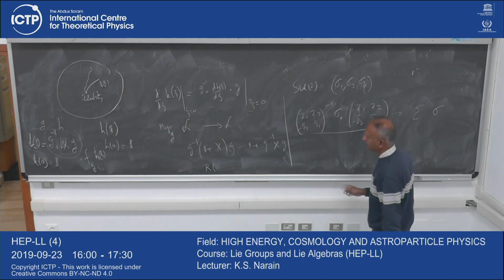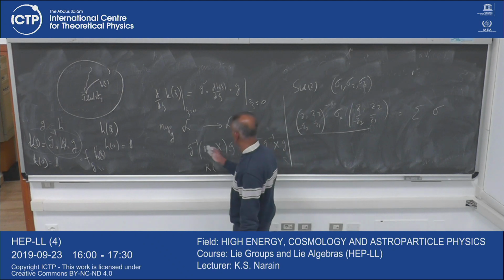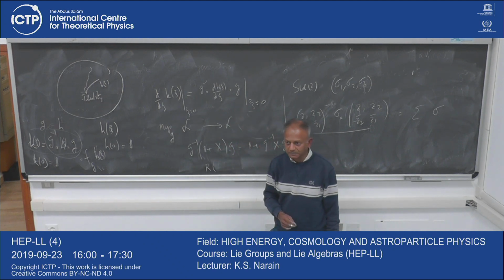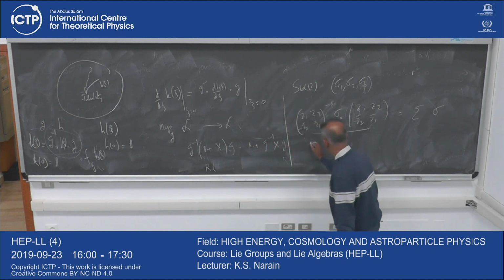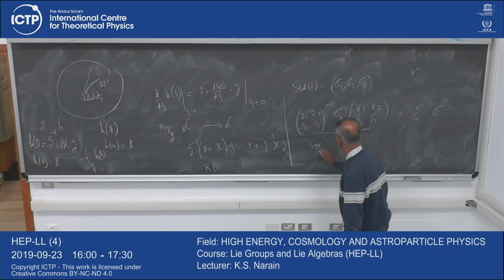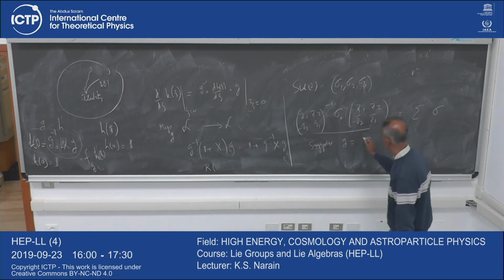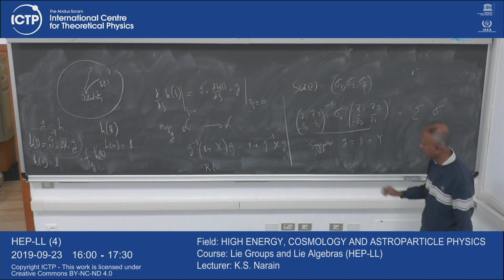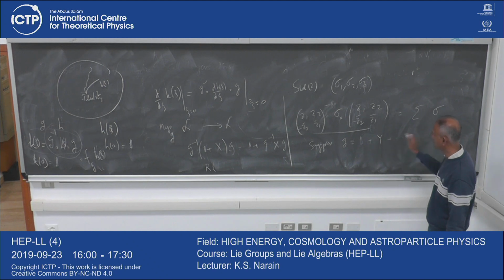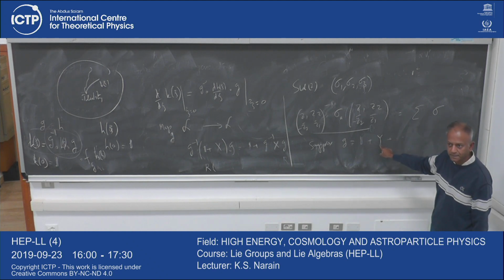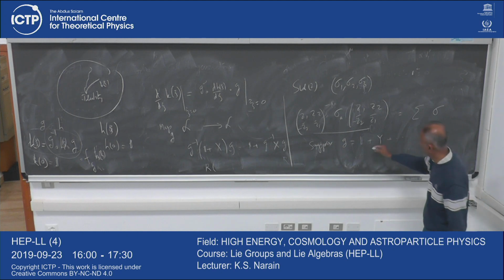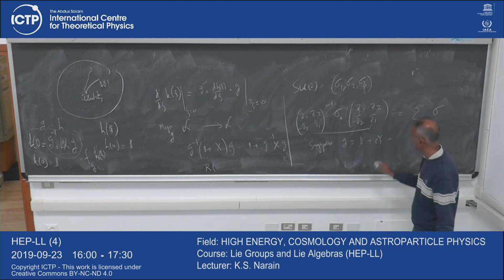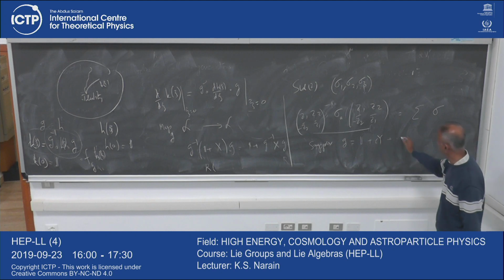In fact, it's easier to check in the following way. Let's suppose G itself is also an infinitesimal element. So say identity plus some y, where y is infinitesimal. To first order, then higher order terms will be there, but look at the first order term. Imagine there's some parameter epsilon, so epsilon is small, then there will be epsilon square order and so on.